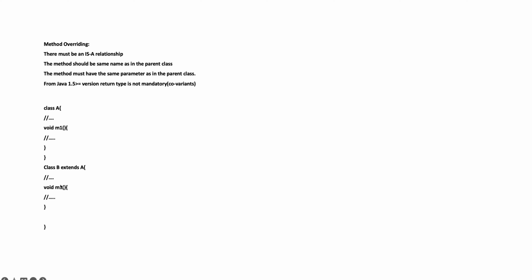The method names are equal, and the parameters are also matching. That means in the child class, the m1 method also doesn't have any parameter. So that's a rule. If the list of parameters of the parent class matches the child class, then only we call the two methods overridden.